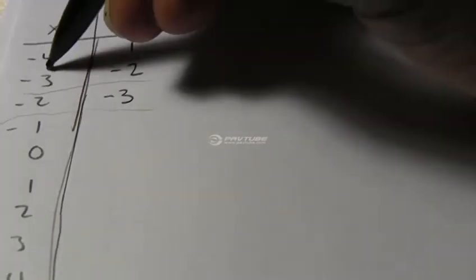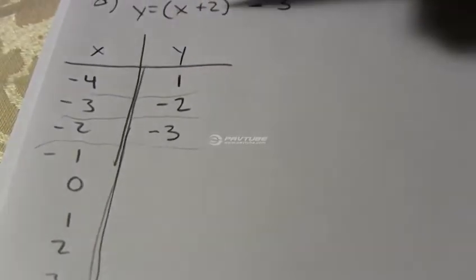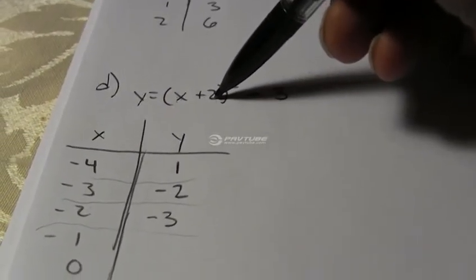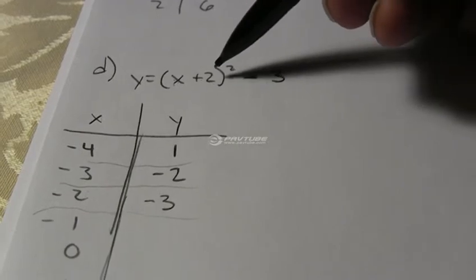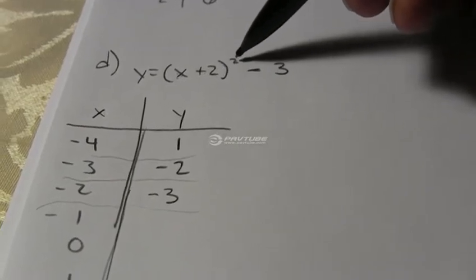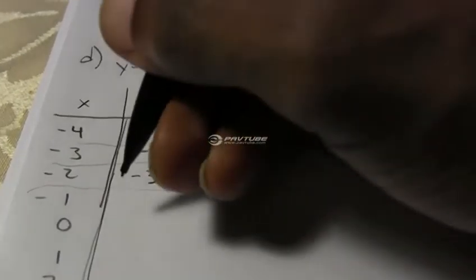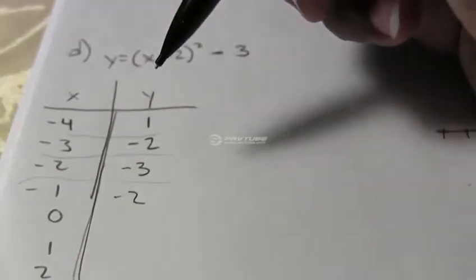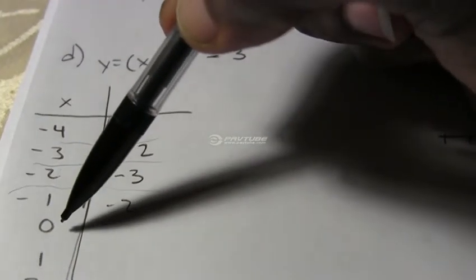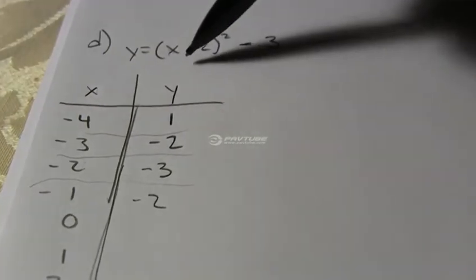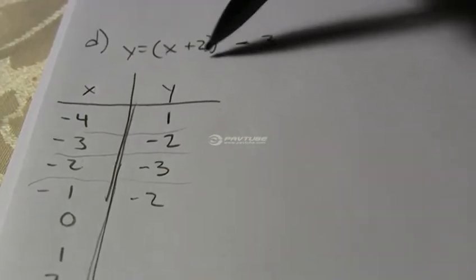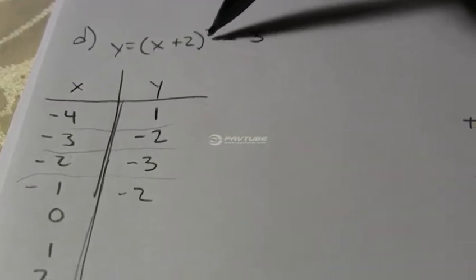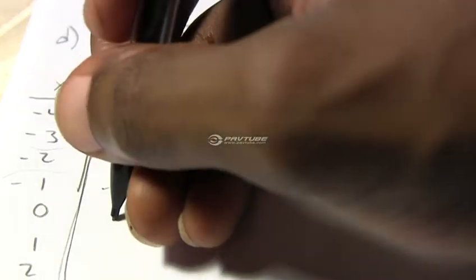Right? Negative 1 plus 2 is 1. 1 squared is 1. 1 minus 3 is negative 2. 0 plus 2 is 2. 2 squared is 4. 4 minus 3 is 1.